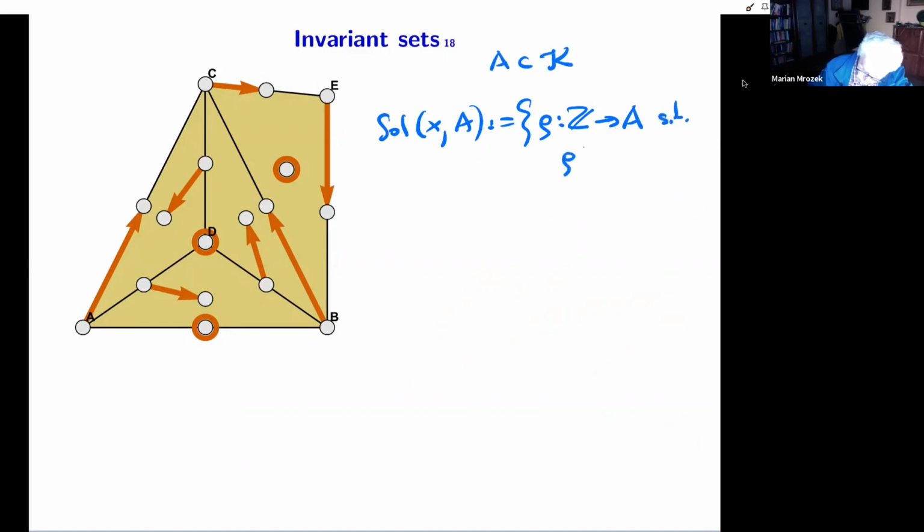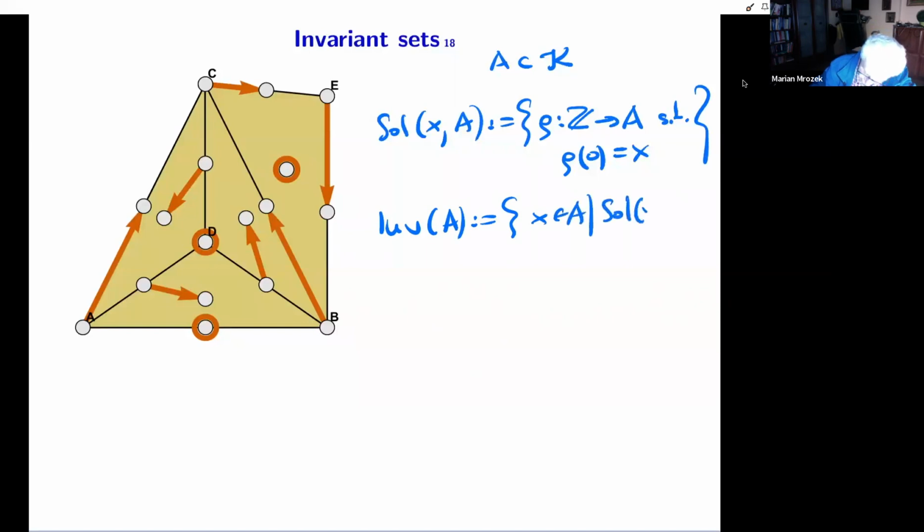So let's say at 0 the value is X. Then you can define the invariant part of A as the collection of X's in A such that the set of solutions is not empty, so there is at least one solution in A. And we say that S subset of K is invariant if it is equal to its invariant part.